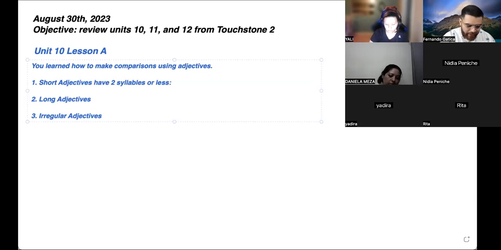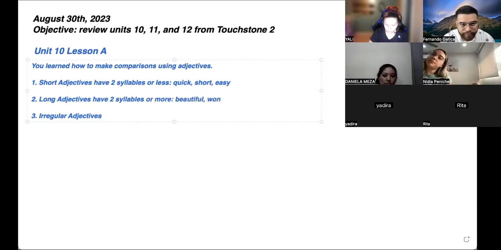This can be like quick, short, easy, etc. Long adjectives have 2 syllables or more, like beautiful, wonderful, and fantastic.